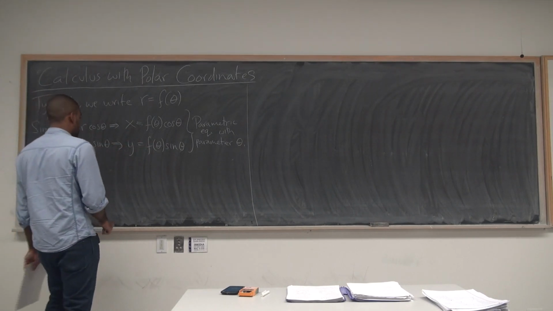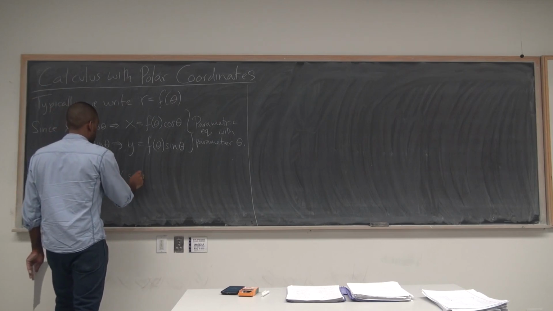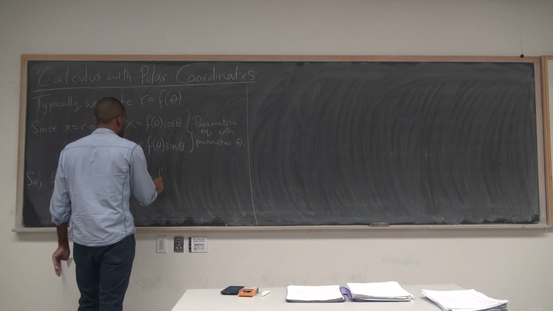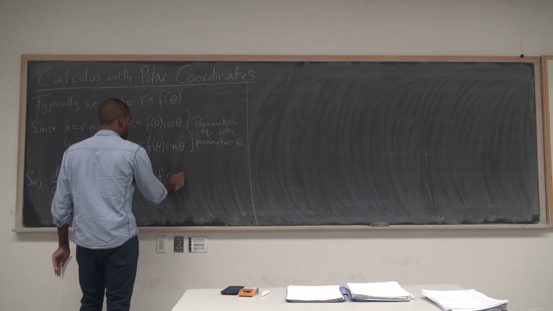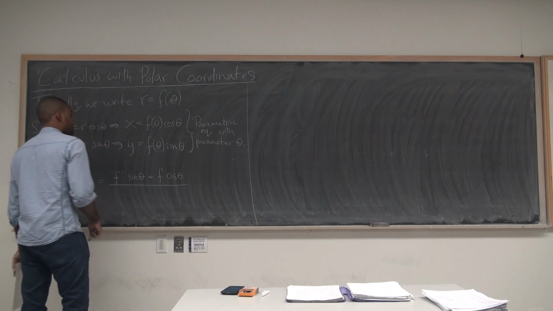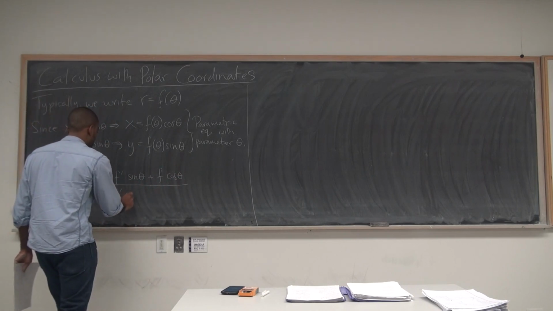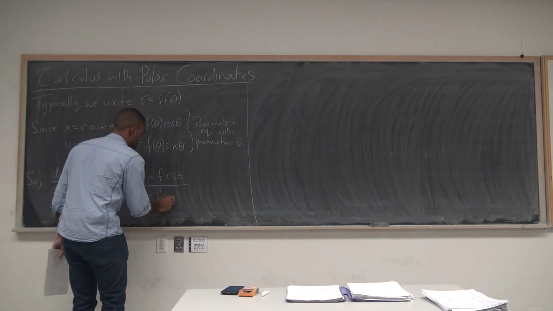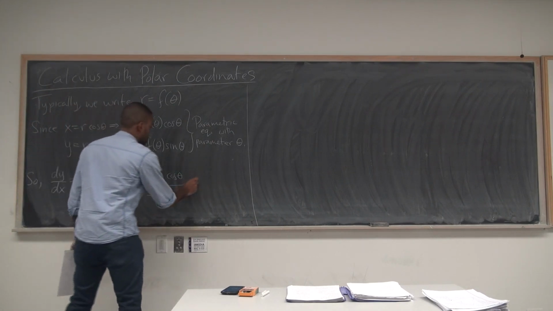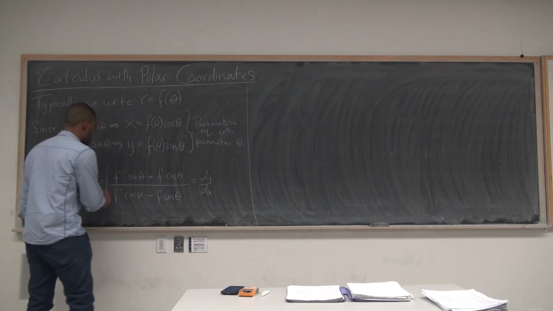So this would be f prime sine theta plus f times cosine theta, over dx/d theta, f prime cosine theta minus f sine theta. Right? So in polar coordinates, if you're thinking of your x, y in polar coordinates, that's what the derivative looks like.